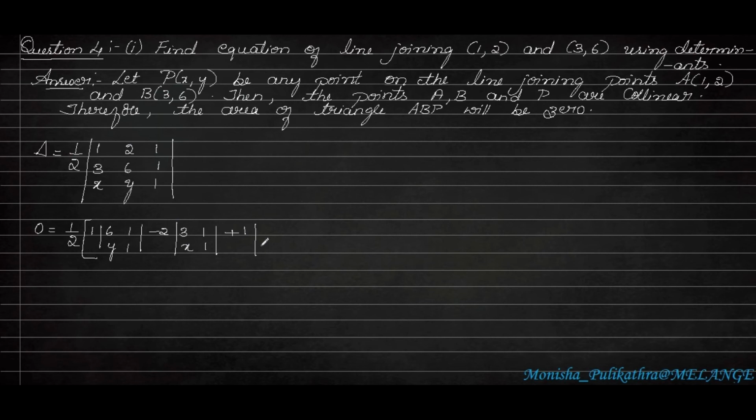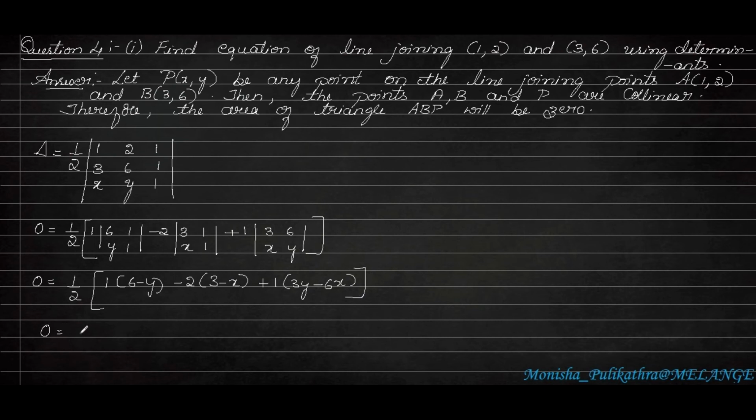And the last plus 1, then it will be 3, 6, x, y. Okay. So 0 is equal to half into 1. So here it will be 6 minus y, minus 2, here it will be 3 minus x, and plus 1, this is 3y minus 6x.